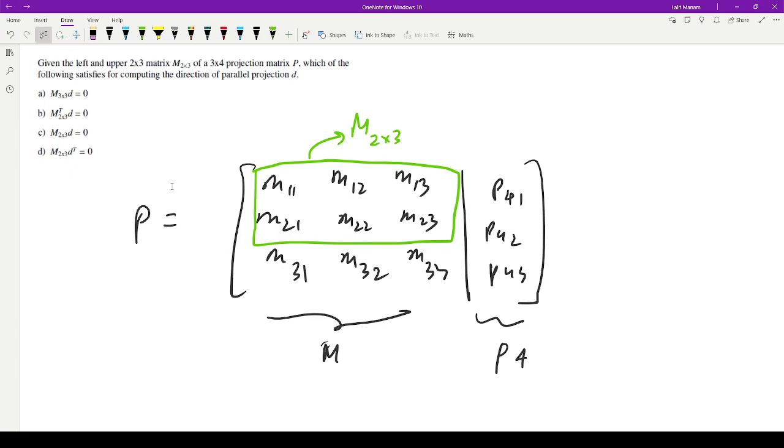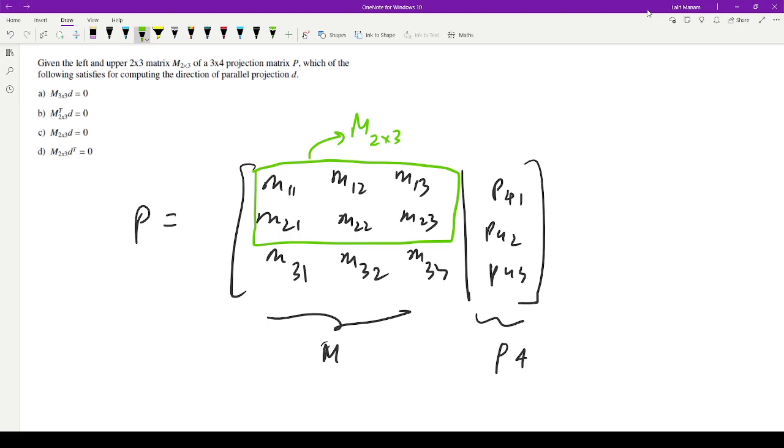What is parallel projection? Parallel projection is obtained from which kind of camera?